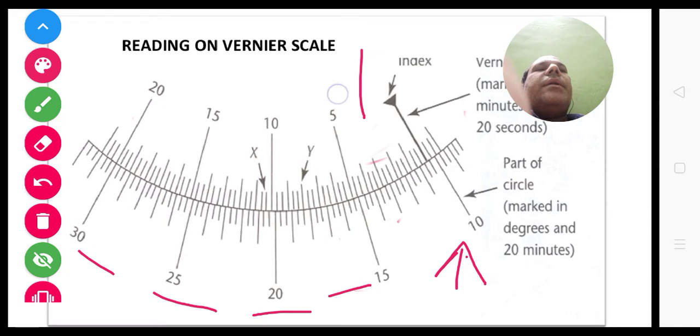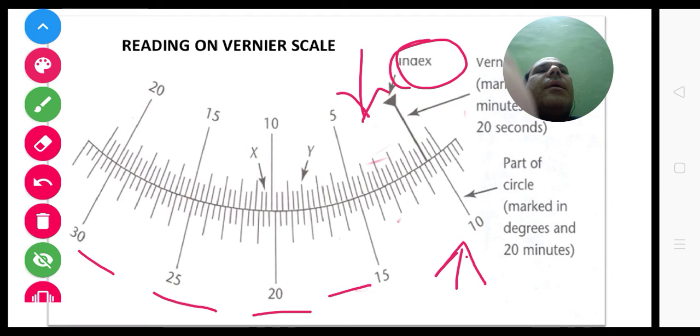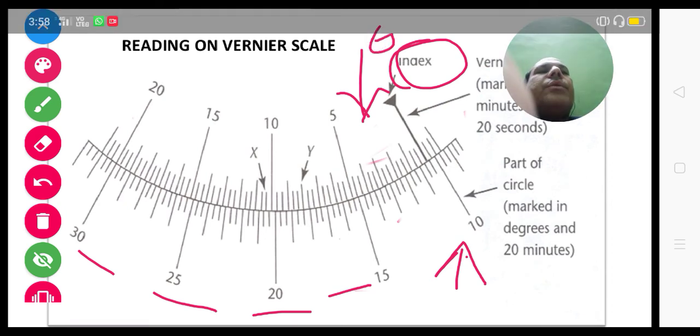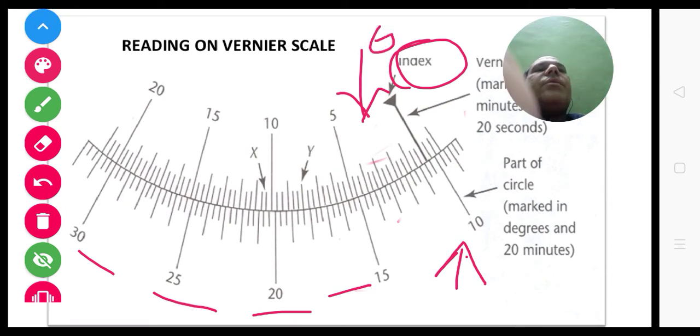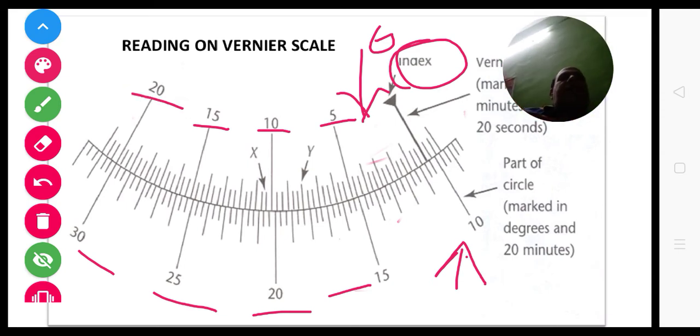On the upper side, this is the vernier, which is graduated from 0. This is the index mark over here, which is taken as 0. It is graduated from 0 to 5, 10, 15 and 20, which is marked as 0 to 20 seconds. The graduation on the main scale and the graduation on the vernier scale are the same.